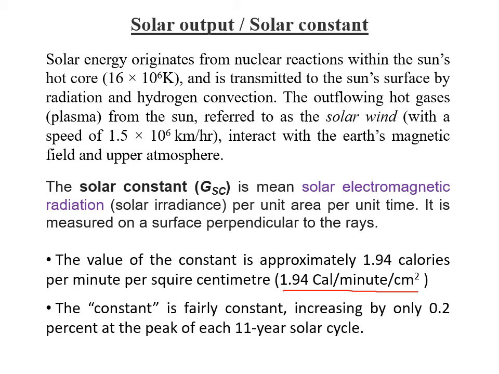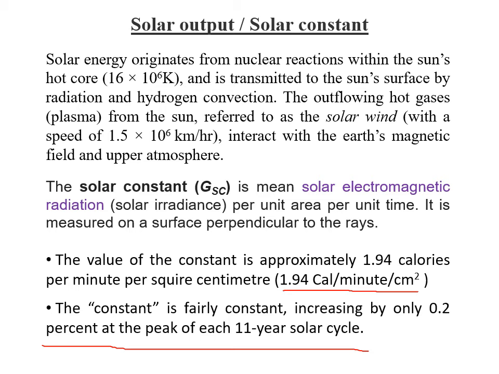Now, the emission of Earth's energy is more or less constant. However, the emission of the sun's radiation energy can vary with time, and that variation occurs in an 11-year cycle.